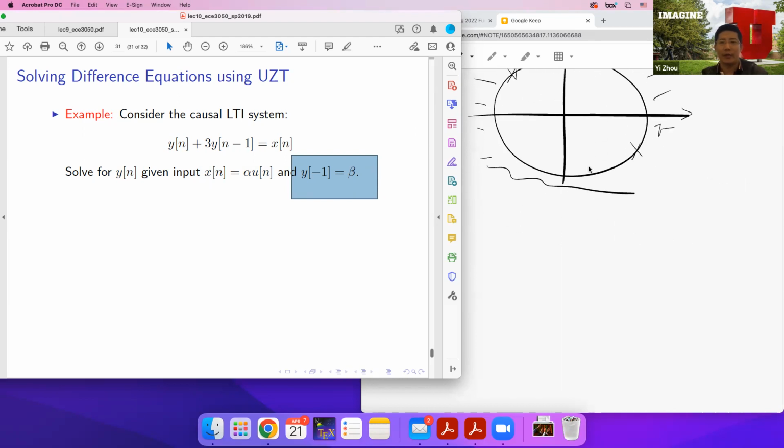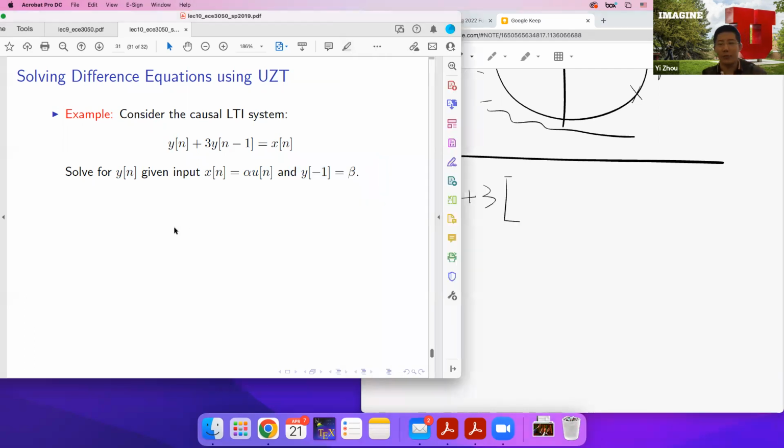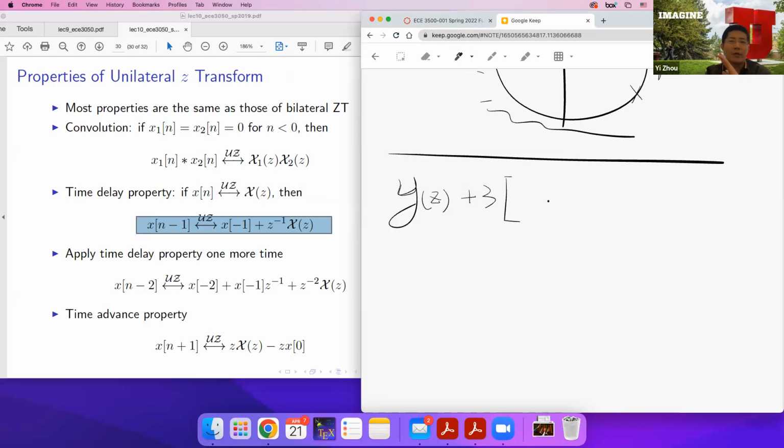Once you do that, y[n] becomes Y(z), right? And for y[n-1], you have to look at the time delay property. So you have y[-1] plus z inverse times Y(z).